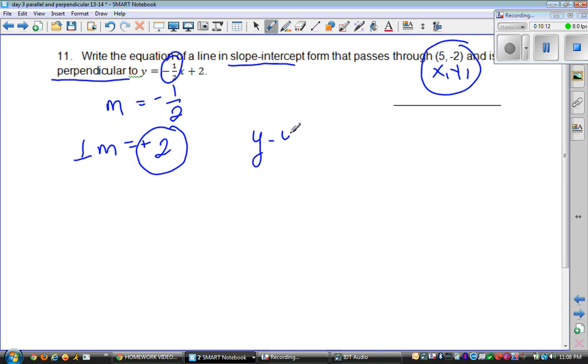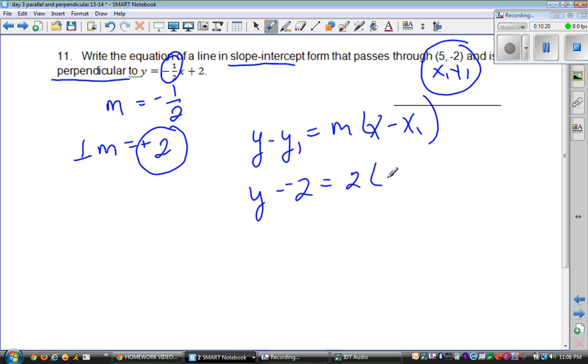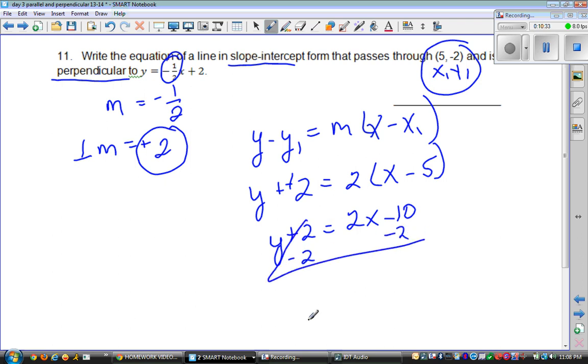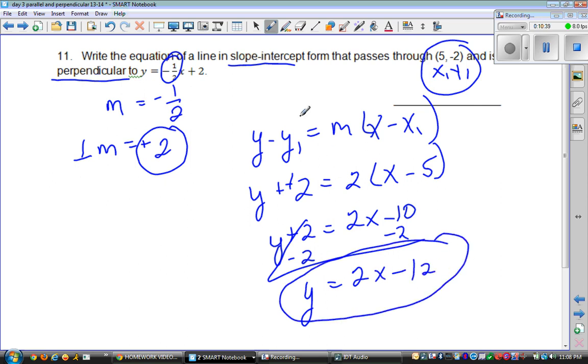So y minus y1 equals m times x minus x1. So y minus negative 2 is 2 times x minus 5. That becomes positive. So y plus 2 is 2x minus 10. And then final step is to subtract the 2. So we get y equals 2x minus 12. Final answer.